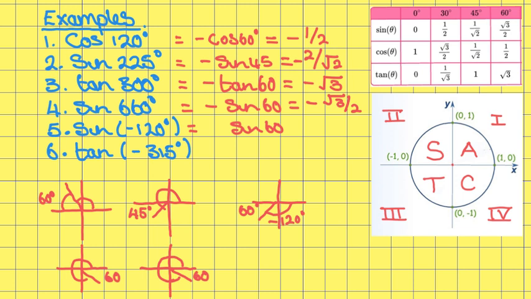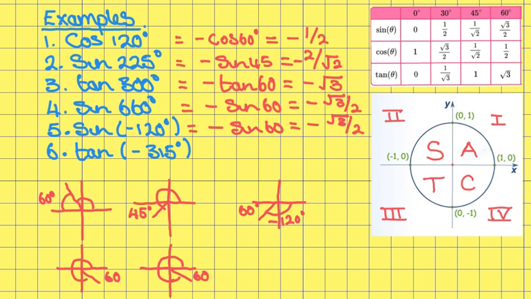In quadrant 3, the only one that is positive is tan, so it will be minus sine 60. Now look at our diagram. Sine 60 degrees is root 3 over 2, so it will be equal to minus root 3 over 2.